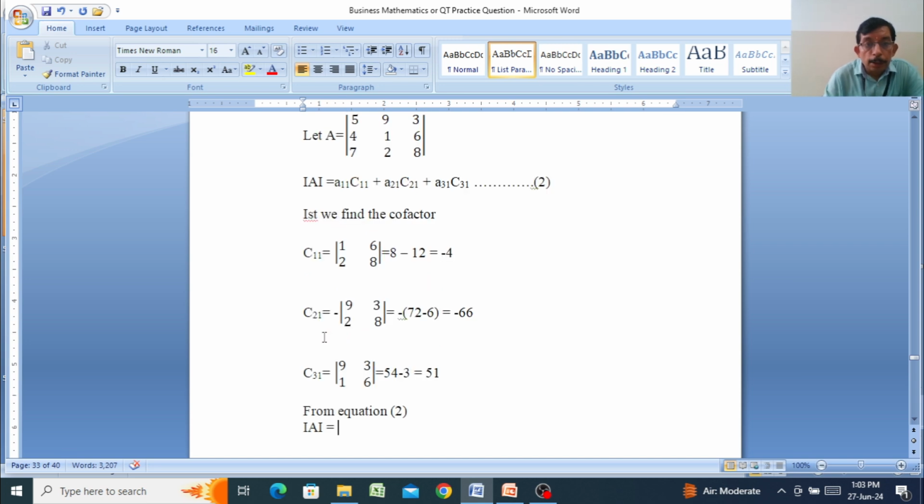A11, the first row first column element, is 5 multiplied by the cofactor minus 4.